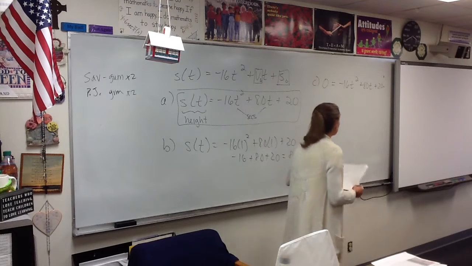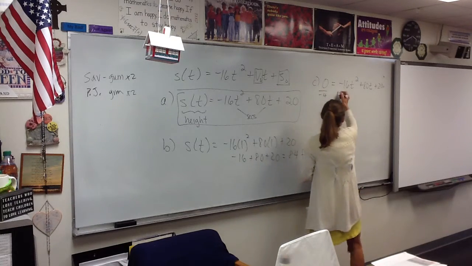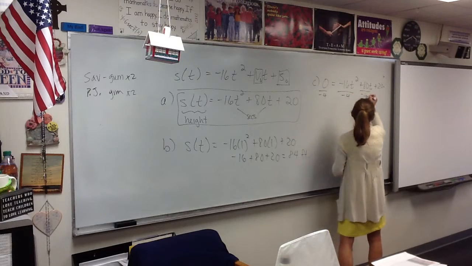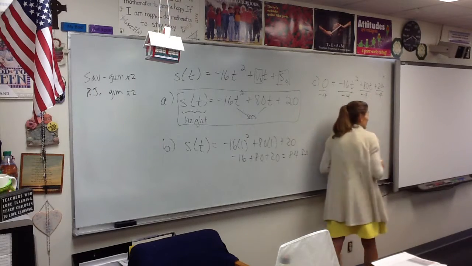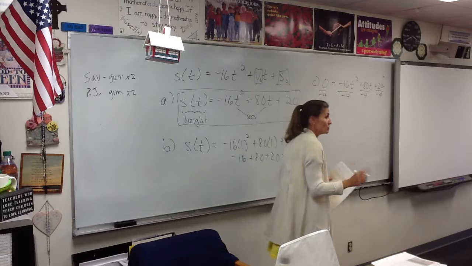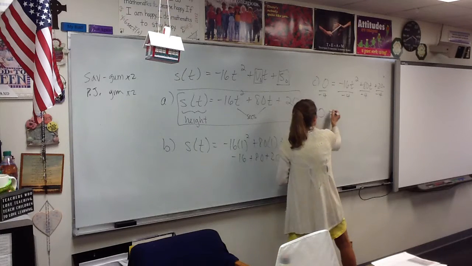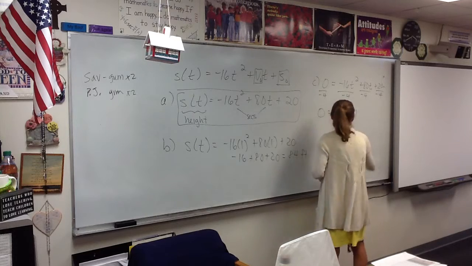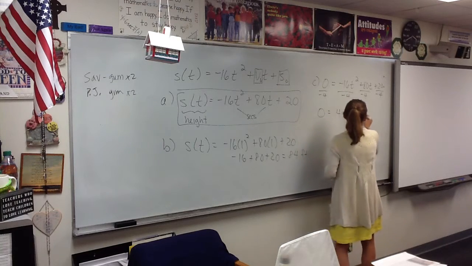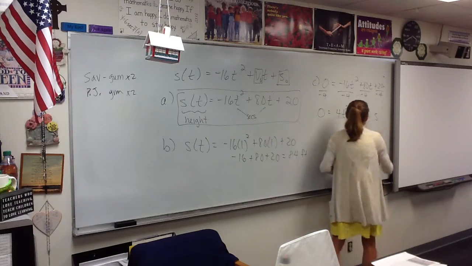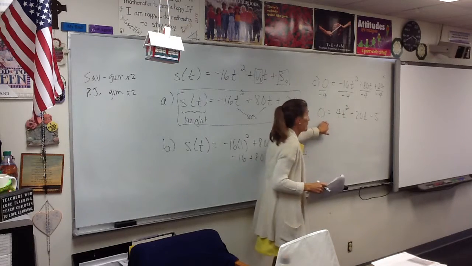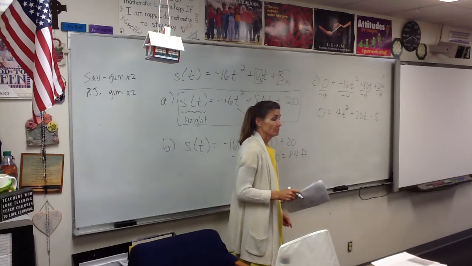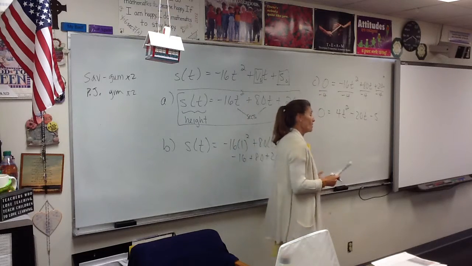I am lazy, so I'm going to divide everything by -4 so that my numbers are not so big. You do not have to do this. So Erica, is this where we got a little different? No? Okay. So this is the equation now that I am going to solve. It's the same equation, just with smaller numbers.